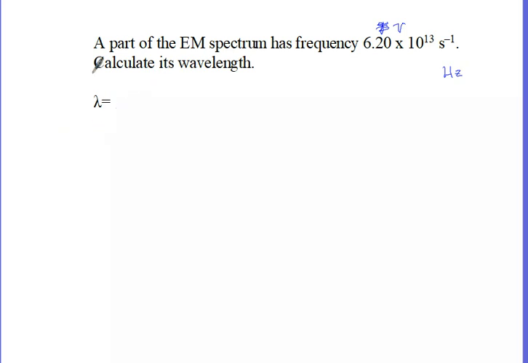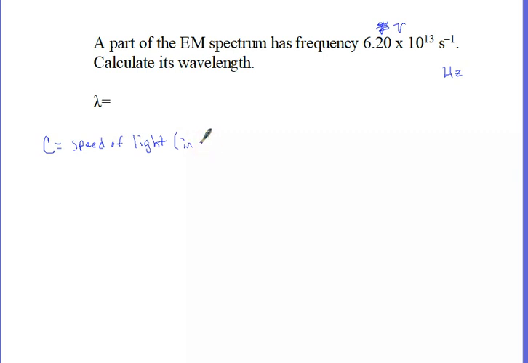So in order to do that kind of calculation, we need to know how fast the light is moving. So the speed of light is a good place to start. The speed of light in a vacuum is constant. So c is the speed of light in a vacuum. It could be the speed of light elsewhere, but we're going to primarily work with nothing to interfere with the speed of the light.